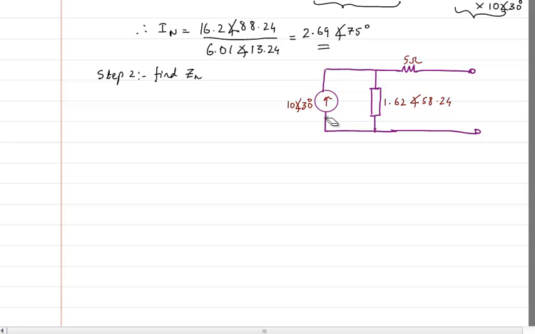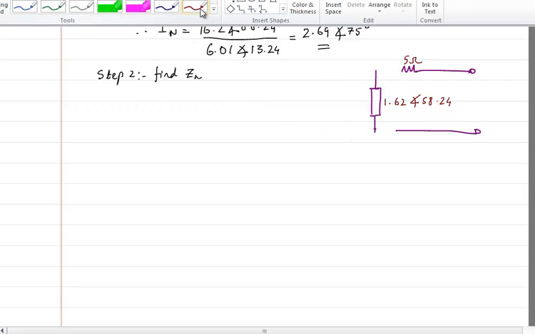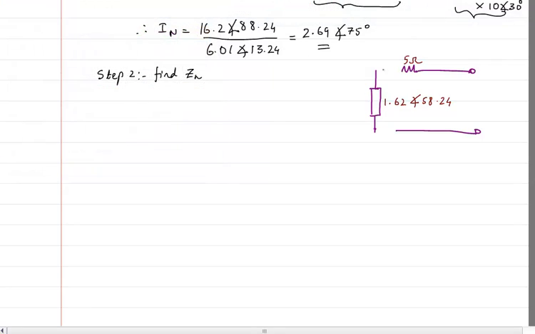We know that the independent current source has to be open circuited, and if it's a voltage source, it has to be short circuited. So if I remove this current source, I can redraw it with only this one element. So I have redrawn it.